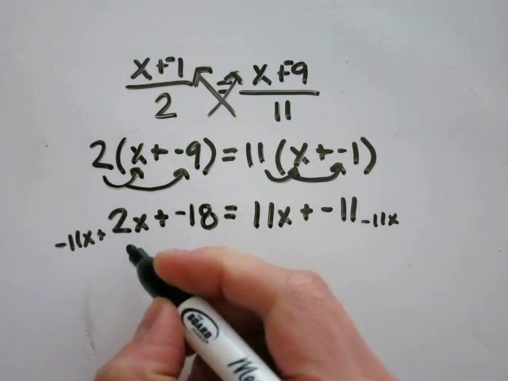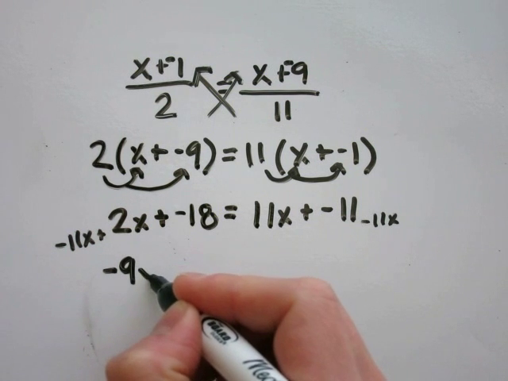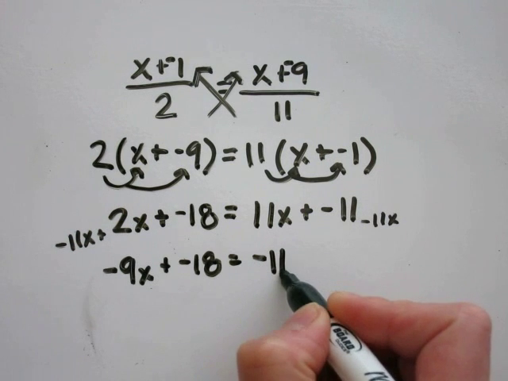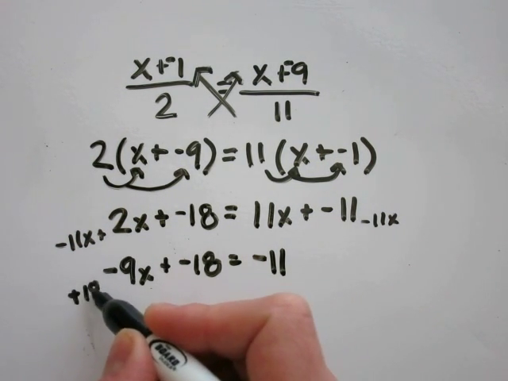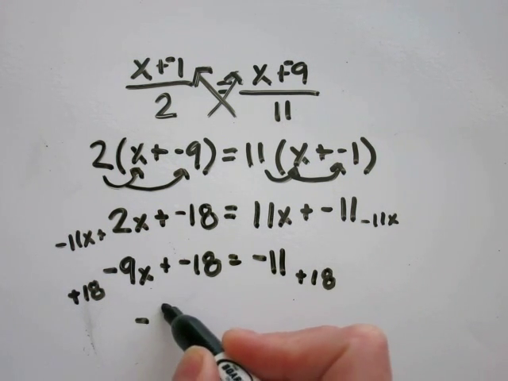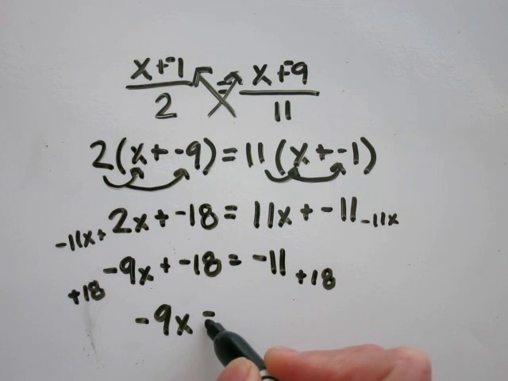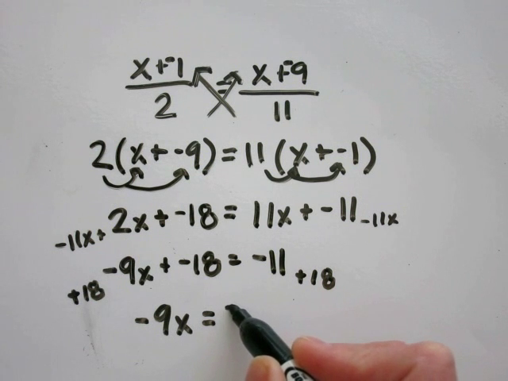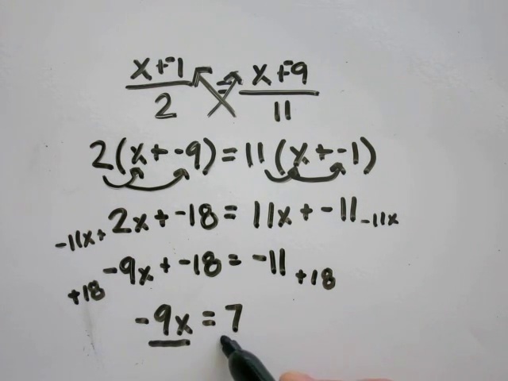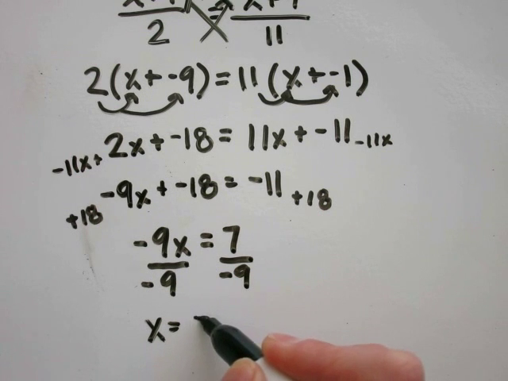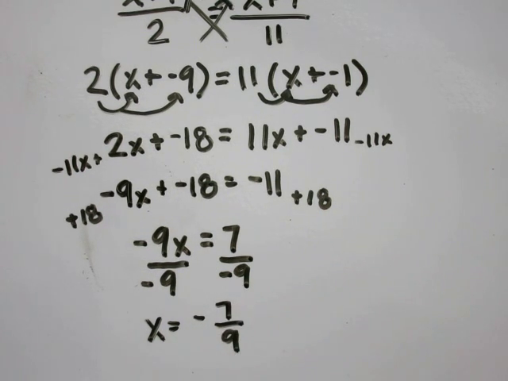Negative 11 plus 2 is negative 9. Now I'm going to add 18 to each side so I can isolate my x. Leaves me with negative 9x equals negative 11 plus 18 is 7. Divide each side by negative 9. Leaves me with x equals negative 7 over 9.